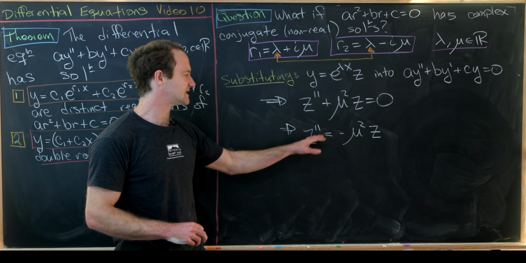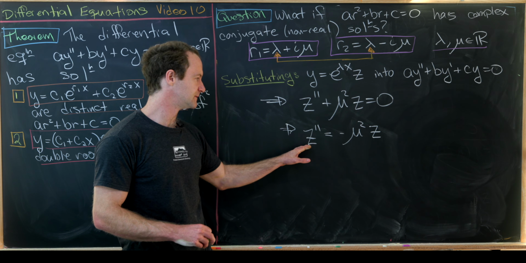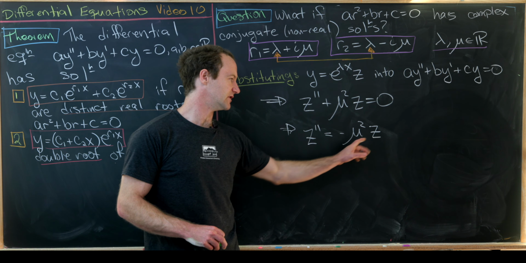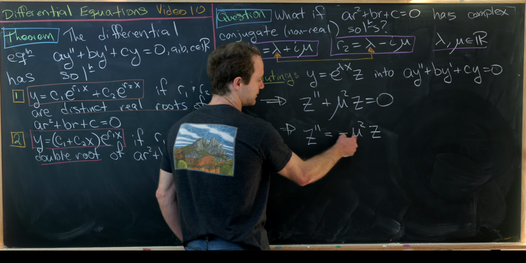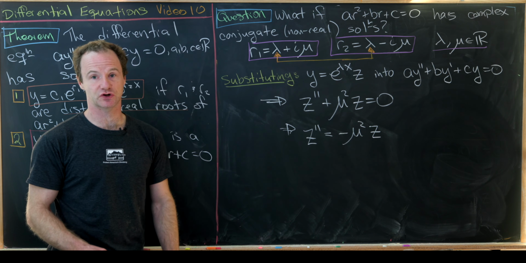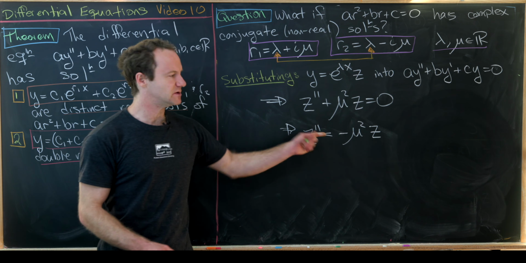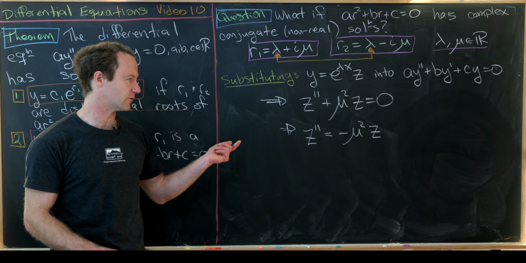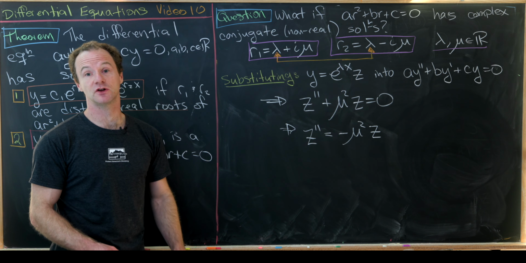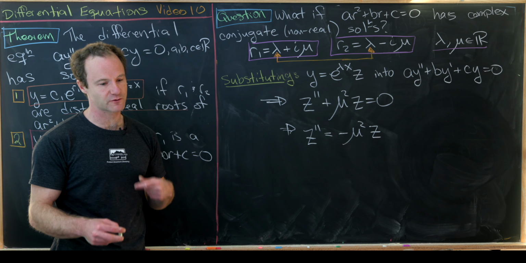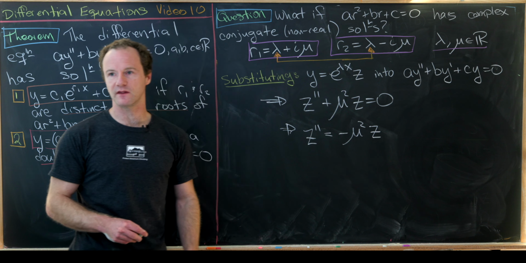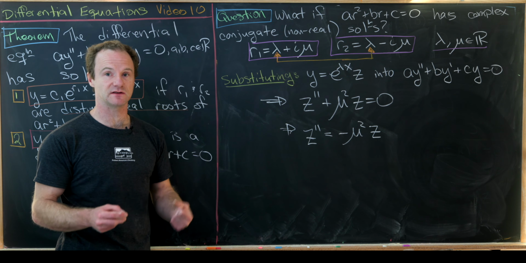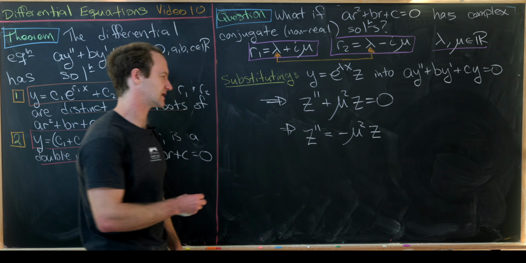So what we're doing is essentially looking for a function so that when we take its second derivative, we get negative what we started with, and we pick up some sort of number squared. So let's say that mu is equal to 1 and we were just looking for a function that when we took its derivative twice, we got negative what we started with. Well, cosine and sine would work. And then we can work the mu in there by composing the mu inside of the cosine and sine function.